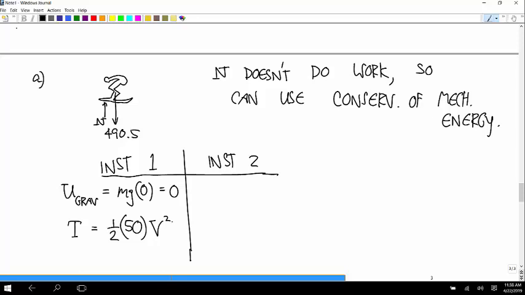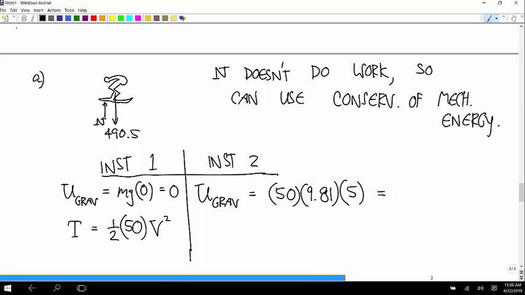And at the top of the hill, gravitational potential energy is 50 times 9.81 times the height, which is given as 5 meters.